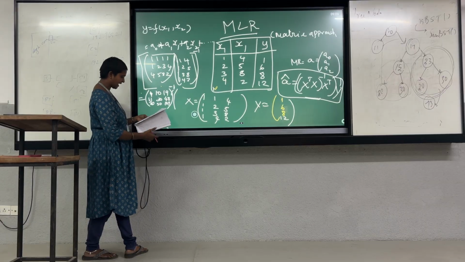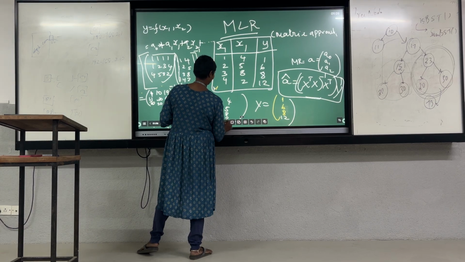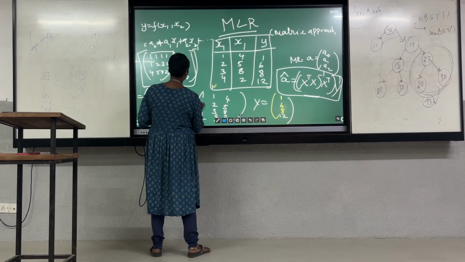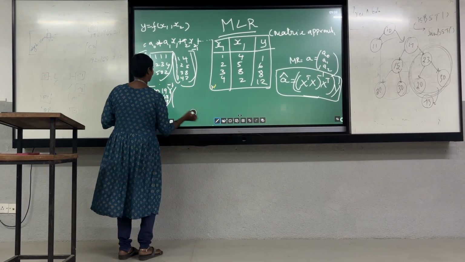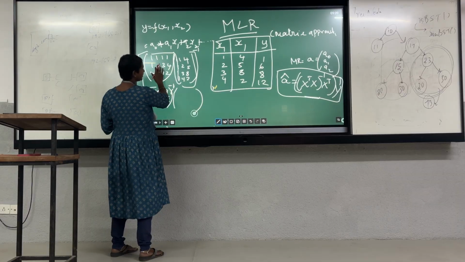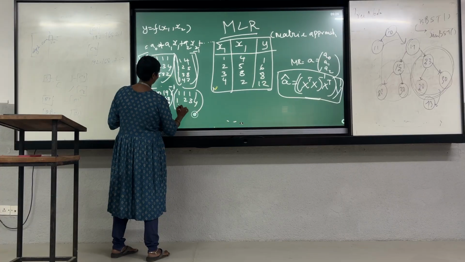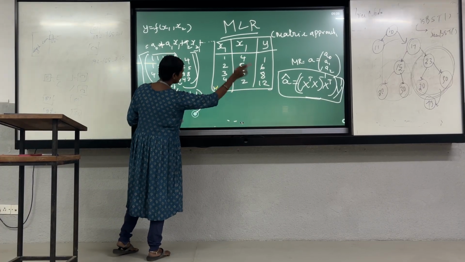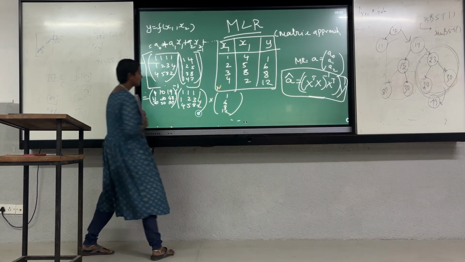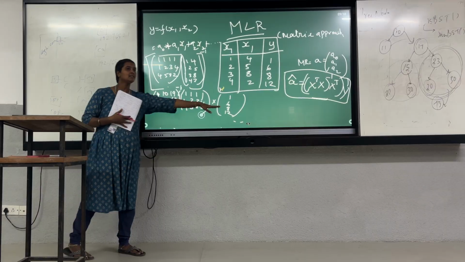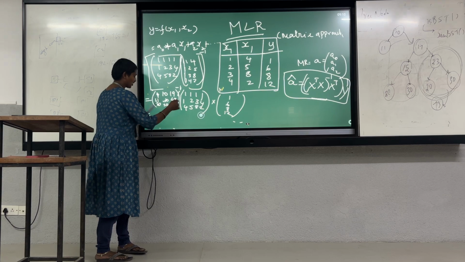Then X transpose into y. What is y? 1, 6, 8, 12. So first I am going to apply the inverse. Then for this 3 into 3 matrix and the other matrix I am going to apply multiplication.